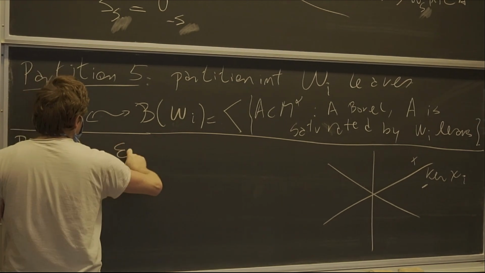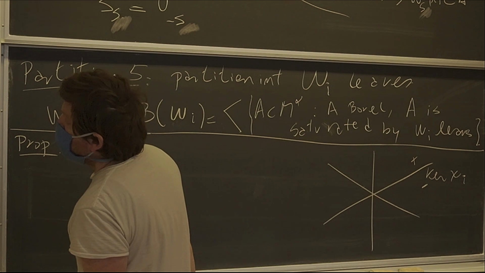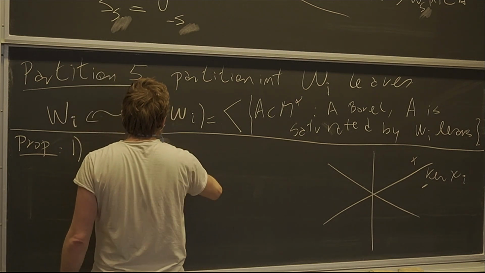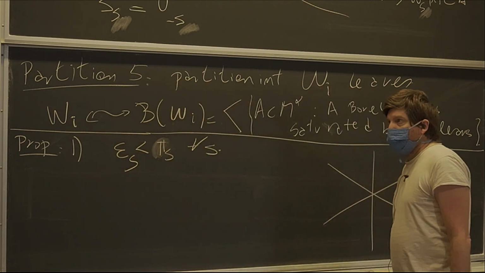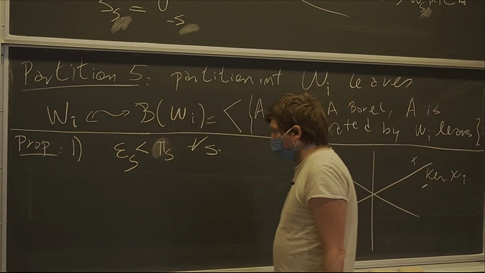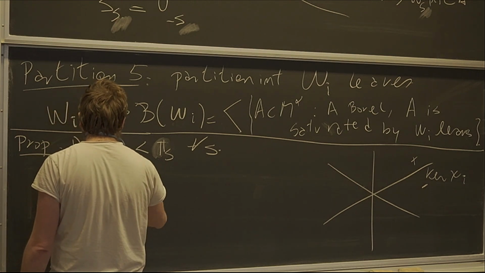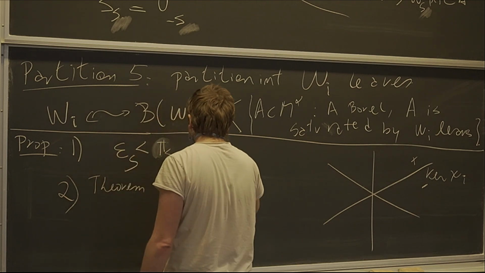One is, as I said, epsilon S, and the notation, well, anyway, so these are small, so is by S for every S. So that's the first property. Second is crucial, which is a theorem by Ledrappier-Young.